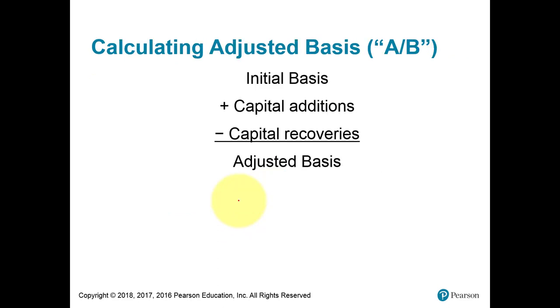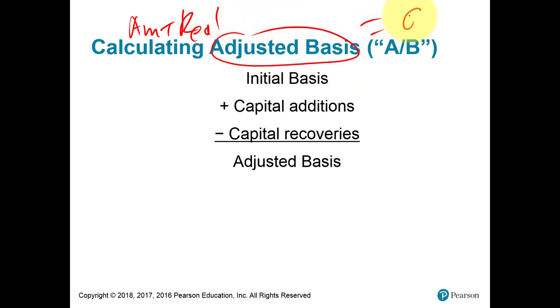So here's what we subtract out, right? Remember the amount realized, and we minus out the adjusted basis equals the gain or loss. So here's how we calculate the adjusted basis. Here's an initial basis. It could be the cost at what you bought something at, or maybe how you received it as a gift or inherited.